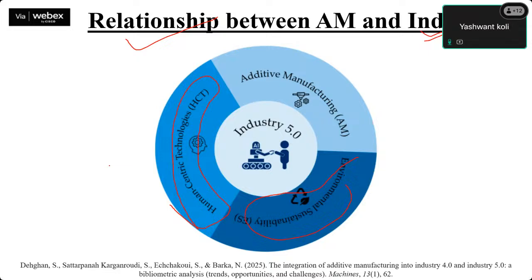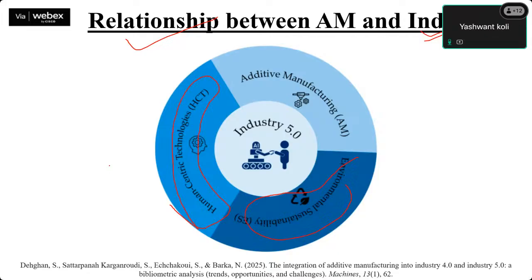These enable real-time monitoring, adaptive control, predictive maintenance, and life cycle management, reducing waste and ensuring sustainability. So sustainability is also an important word, and it is an important factor in the later slides also.